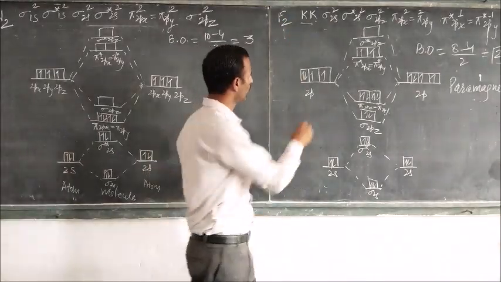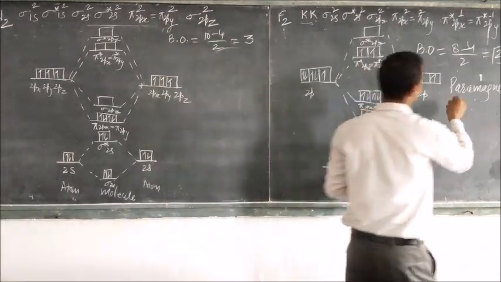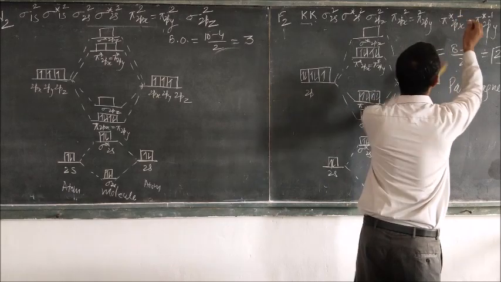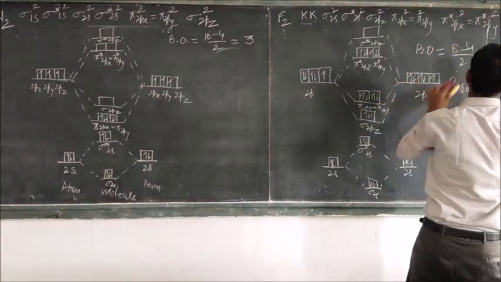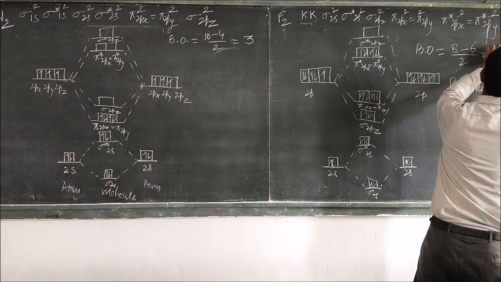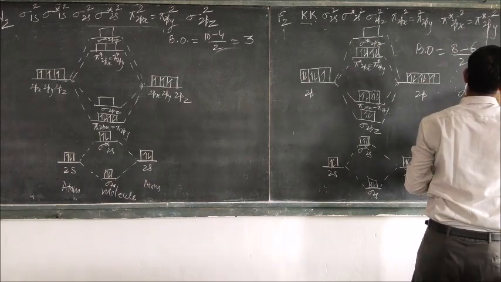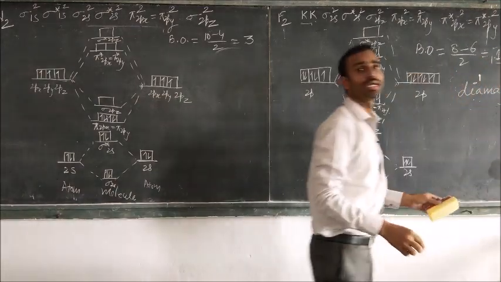In the case of F2, it is 2s2 and 2p5. So it becomes pi star 2px2, pi star 2py2, and it becomes diamagnetic. F2 is diamagnetic.